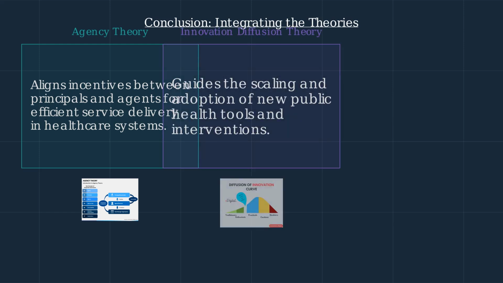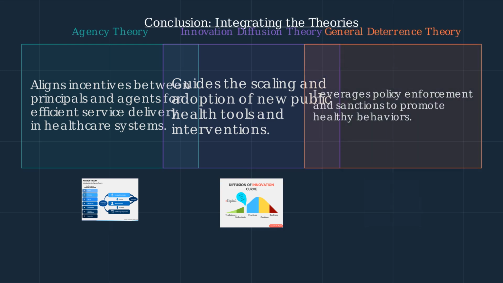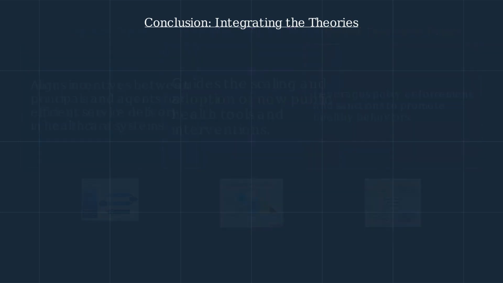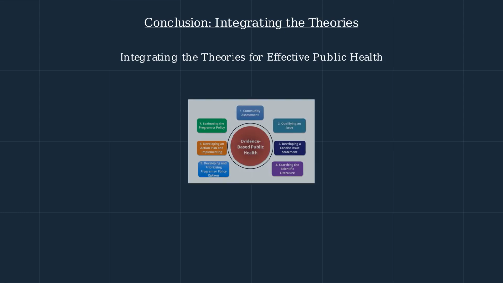Diffusion theory provides insights into how new health interventions spread through populations, identifying adopter categories and factors that influence adoption rates. General deterrence theory leverages the certainty, severity, and swiftness of sanctions to promote healthy behaviors and discourage harmful ones. By integrating these three theories, public health leaders can design more effective evidence-based interventions.